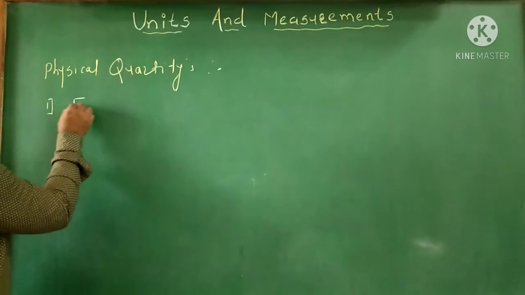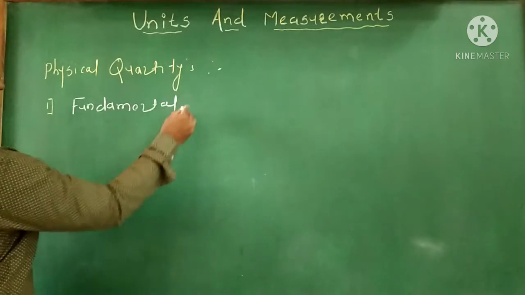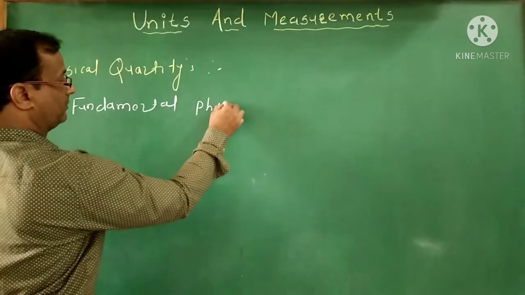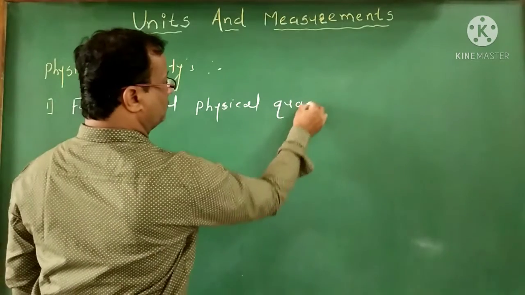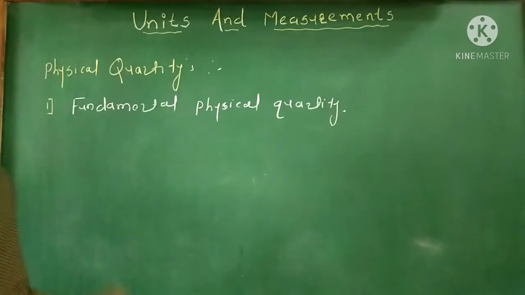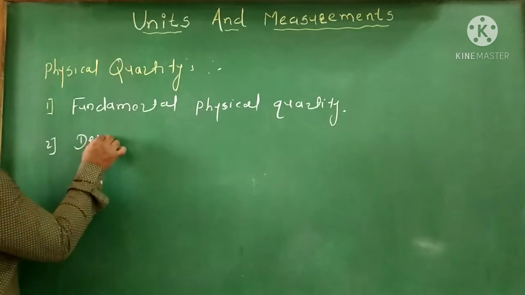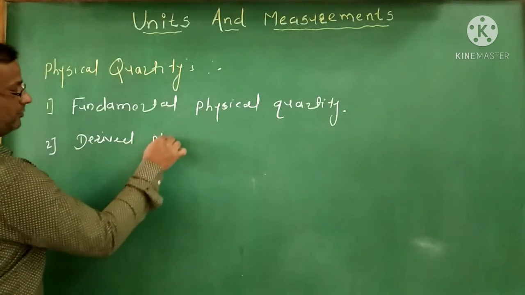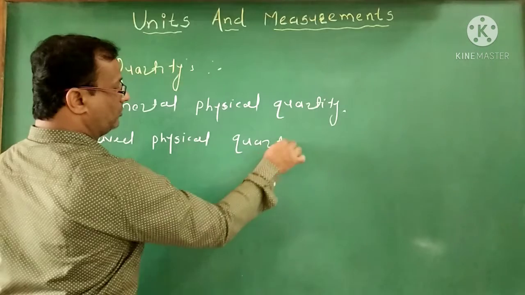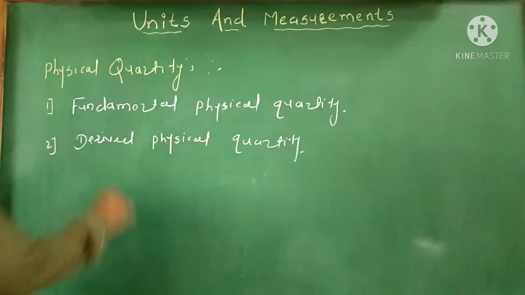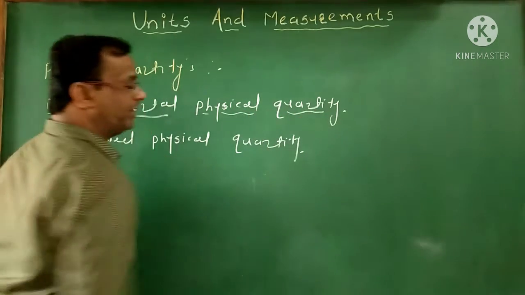And the second one is the derived physical quantity. So first of all, we want to see the fundamental physical quantity.